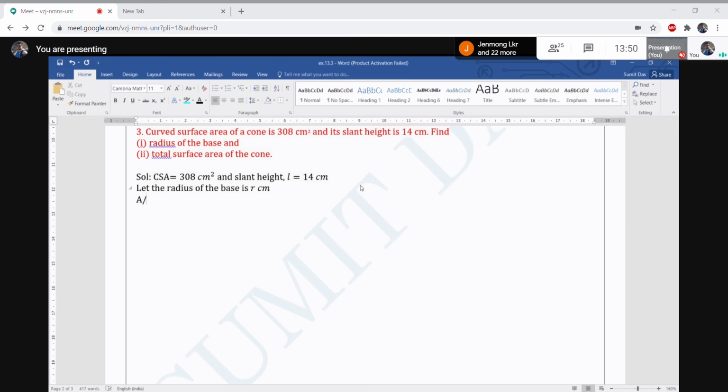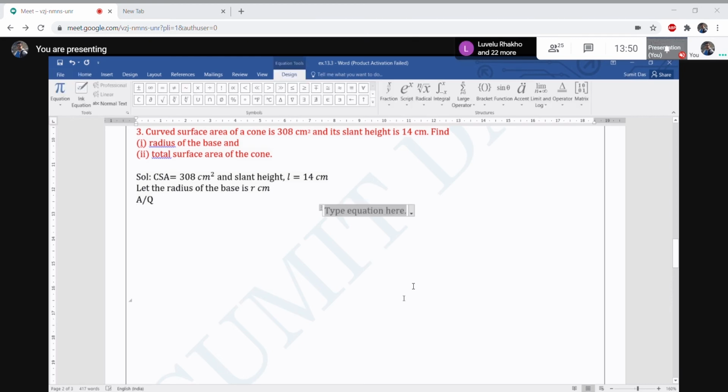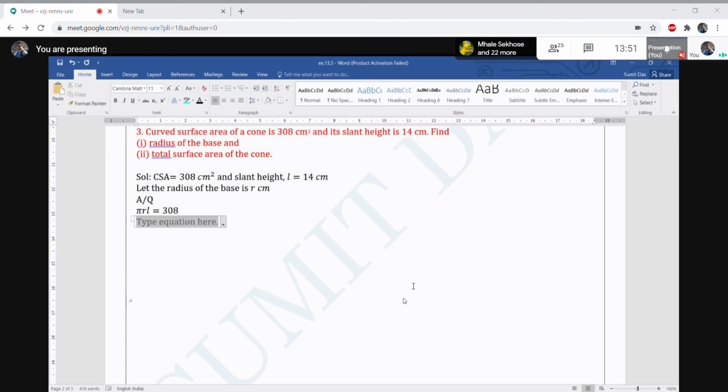So as per the question, pi RL equal to 308. Then put the pi RL values.